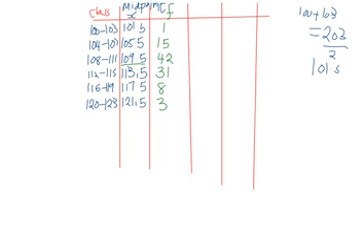Now we need to get the value of t, which is given by x minus the assumed mean. Let me make it clear.